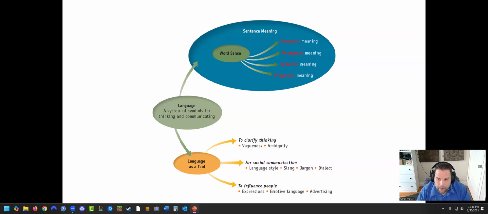And then, of course, as yet another tool, language is a means of influencing people. One can come up with various expressions to fancifully explain some sort of an idea or a concept, going beyond what would be standard language. There is emotive language where you can convey feelings or convey the ideas behind underlying emotions.